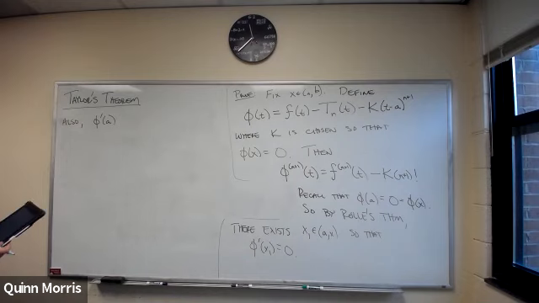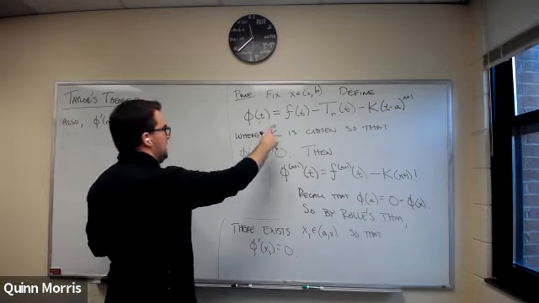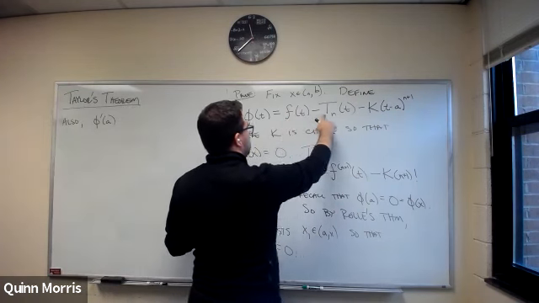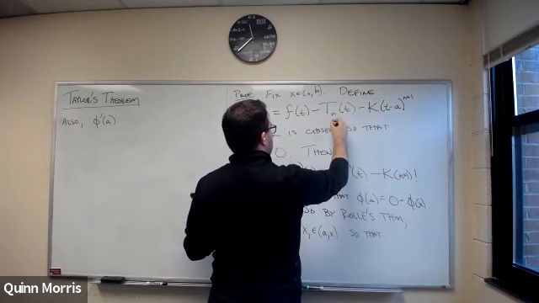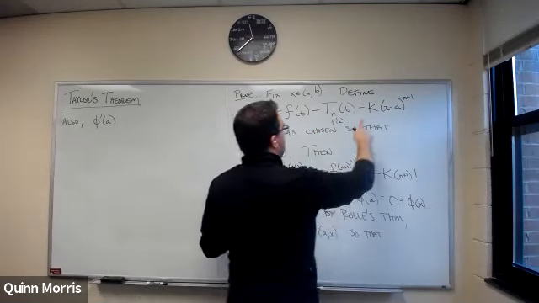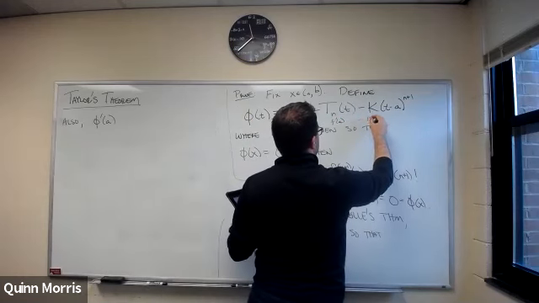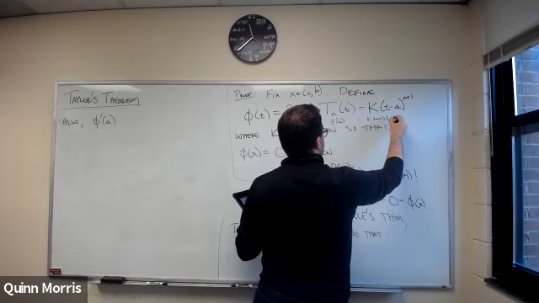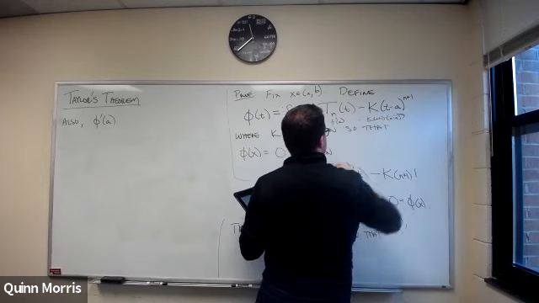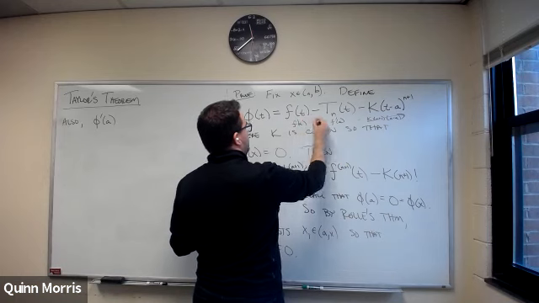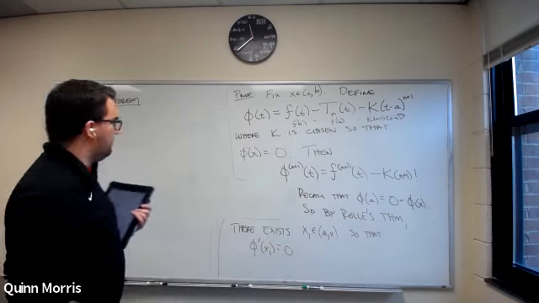If I look at phi prime of a, that's going to be f prime of a minus T sub n prime of a, but T sub n prime of a is just going to be f prime of a. And this will be minus k times (n plus 1) times (a minus a) to the n. So a minus a is 0, 0 to the n is 0. So I just end up with f prime of a minus f prime of a, which is again 0.